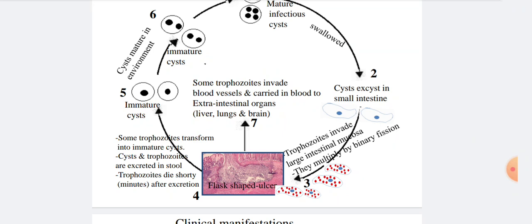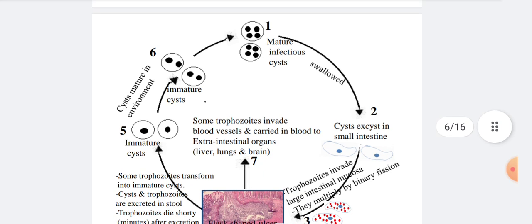Trophozoites die shortly in minutes after excretion. They cannot survive in the environment. But the immature cysts with single or double nuclei, they are not infectious, but they mature in the environment to become mature cysts, quadrinucleate cysts that are infectious.